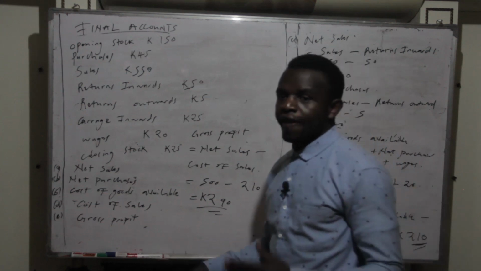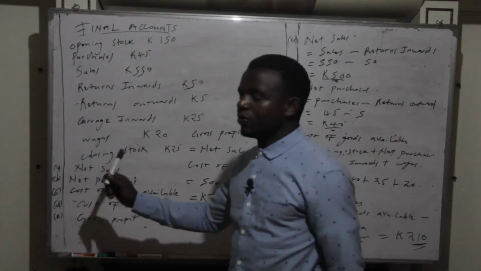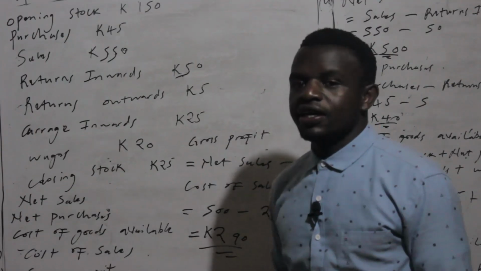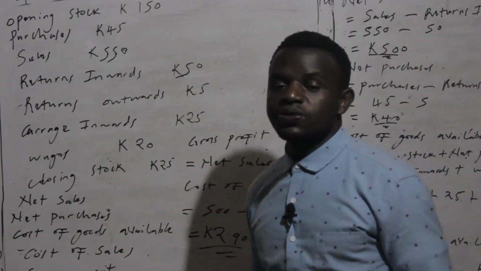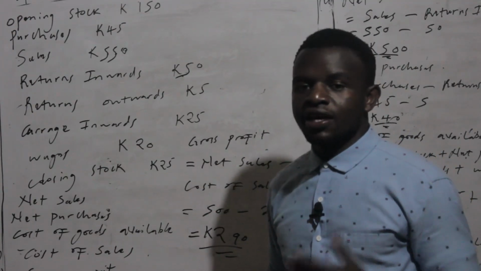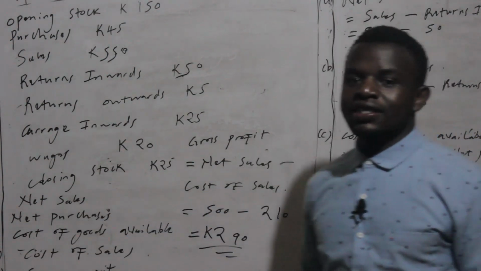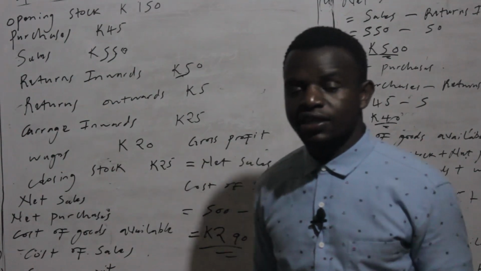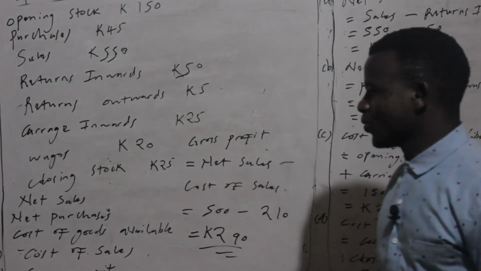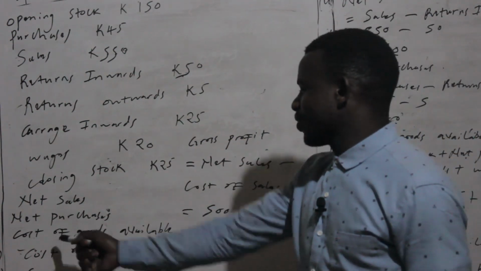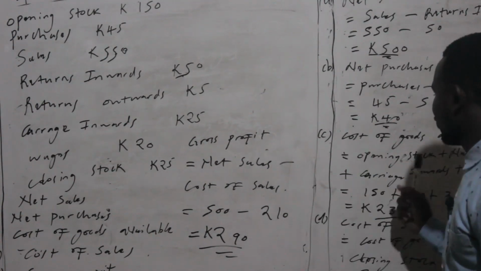And to go through these formulas again, we actually said that net sales is calculated by saying sales minus sales returns, and sales returns are also referred to as returns inwards. Then net purchases is purchases minus purchases returns, which are also referred to as returns outwards. Then we have cost of goods available.